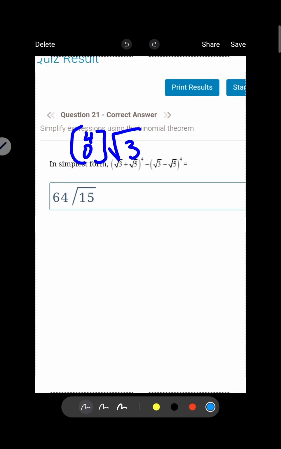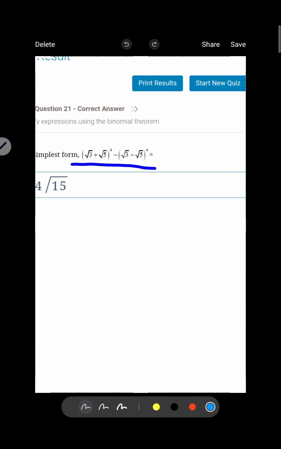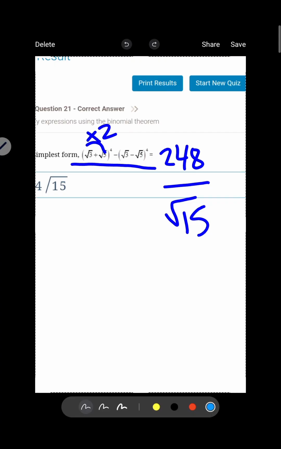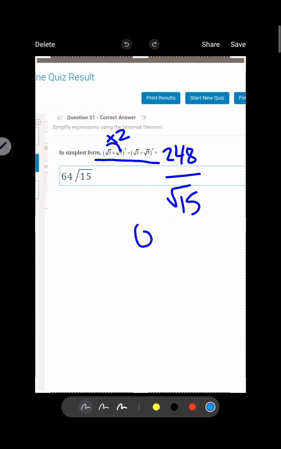But that's gonna take so much time. You can't do that. Best put it on your calculator like this. So you're gonna get a big decimal, like 248. Just divide by radical 15. How do I know I divide by radical 15? I multiply those two. If I divide by radical 15, I get 64 radical.